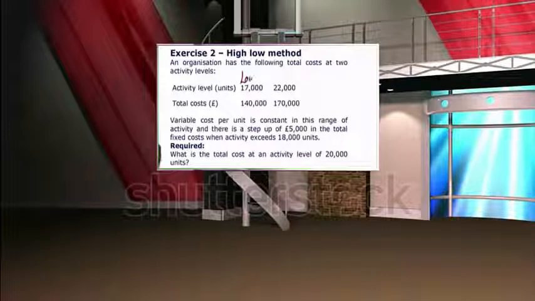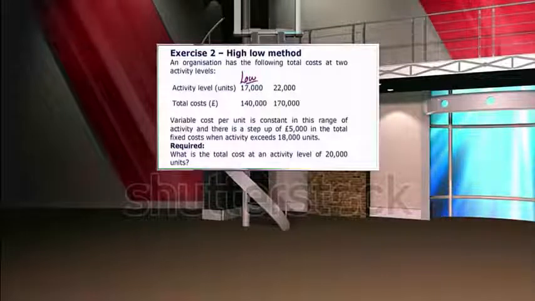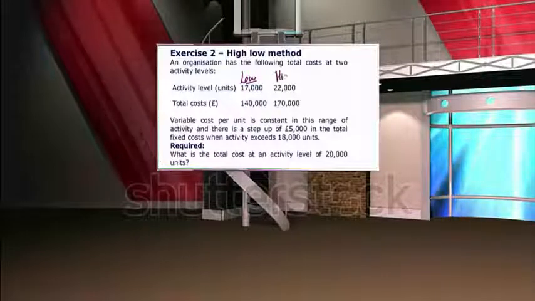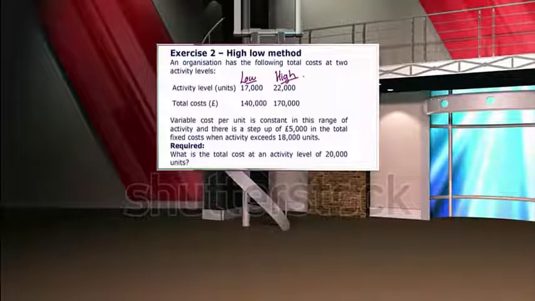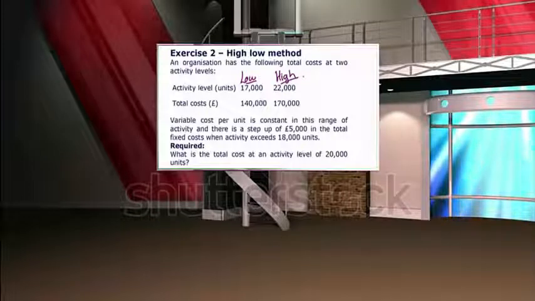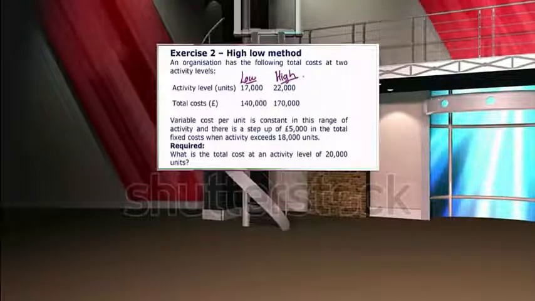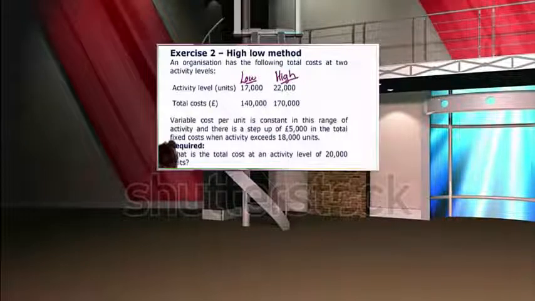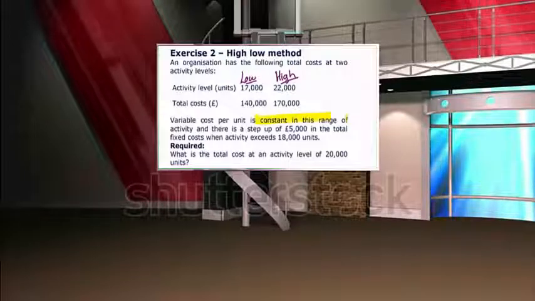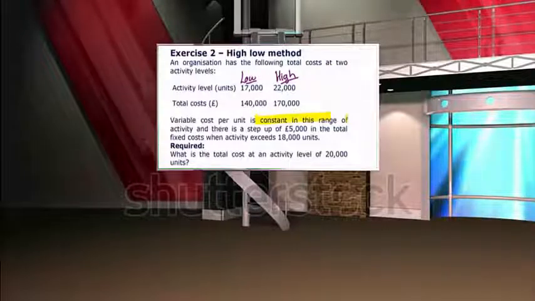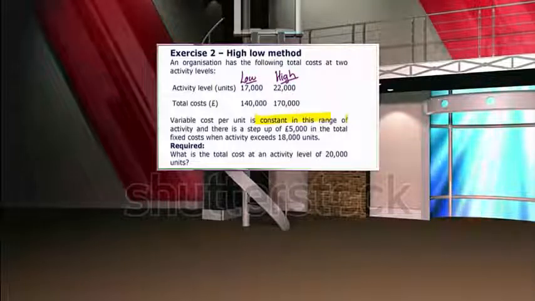A low level of activity, 17,000 units, and our high level of activity, 22,000 units. And we're told what total cost will be at each of the 2 levels of activity. Then we're told variable cost per unit is constant in this range of activity, which is what we would expect. Remember, we said we expect variable cost per unit to be constant.